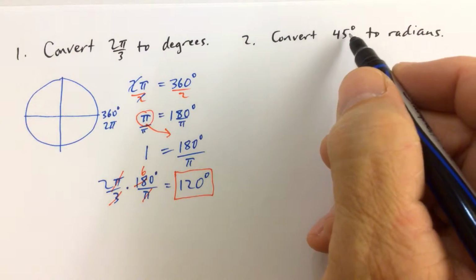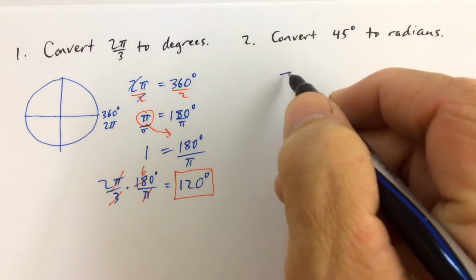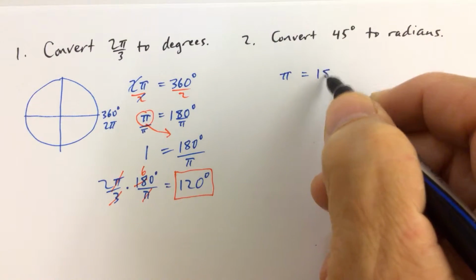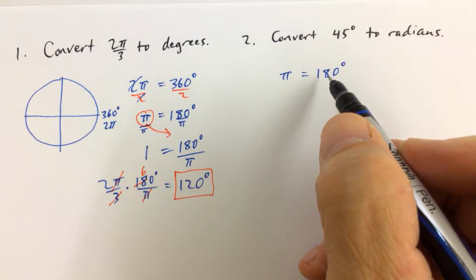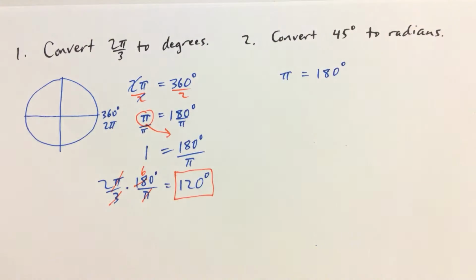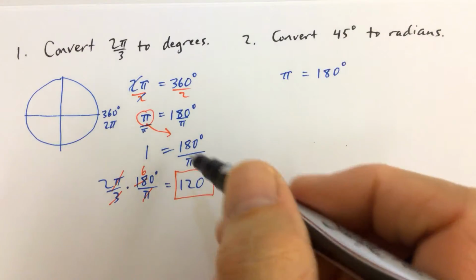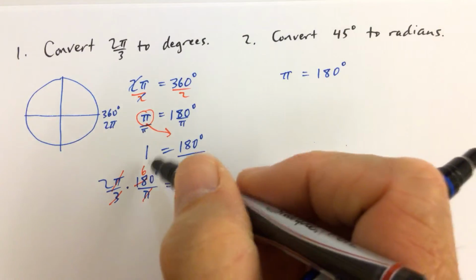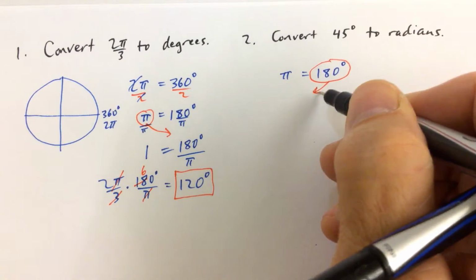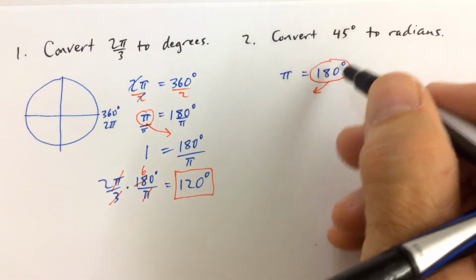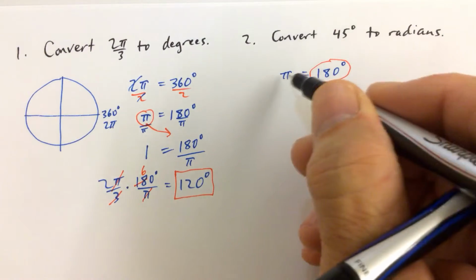Anyway, converting 45 degrees to radians, let's use that same relationship, that pi equals 180 degrees. You don't have to do this every time. If you just remember, I'm going to multiply by pi over 180 when I convert to radians, and I'm going to multiply by 180 over pi when I convert to degrees. The thing that you want to do to remember that is, I want to get rid of the degrees, so I'm going to move the degrees, and that helps you remember what to multiply by.